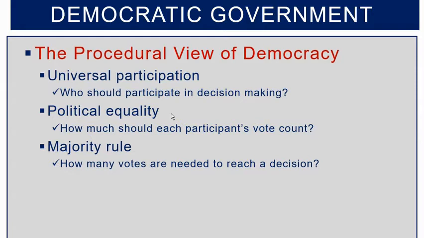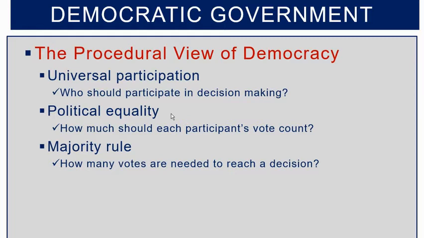In other words, they address three distinct questions: who should participate in decision-making, how much should each participant's vote count, and how many votes are needed to reach a decision. So basically, they look at the procedures. How does the government make its decisions? What are the procedures that are used to do that?